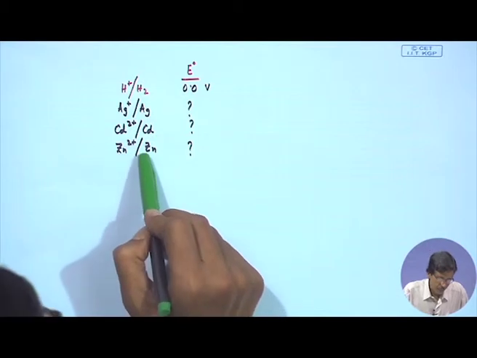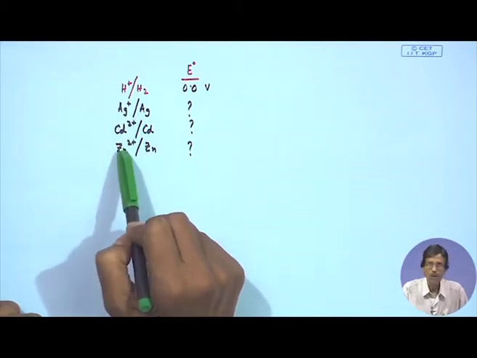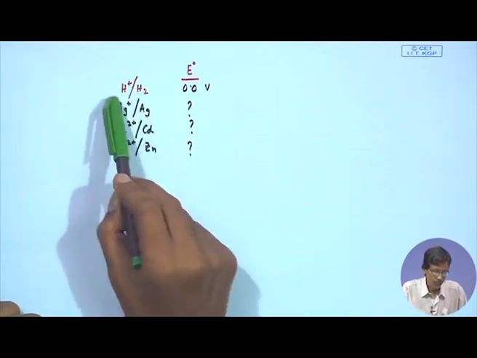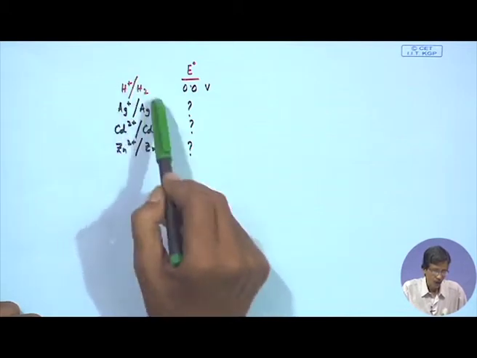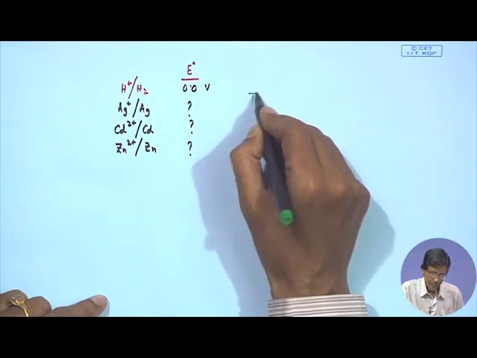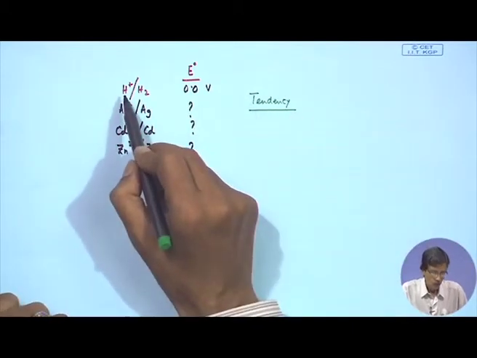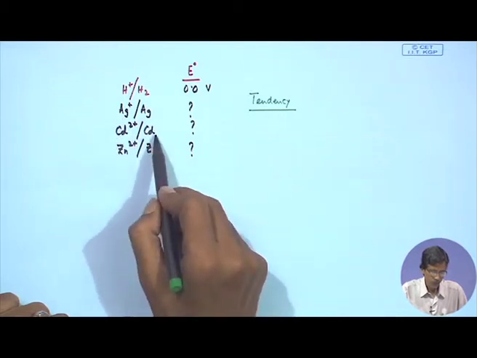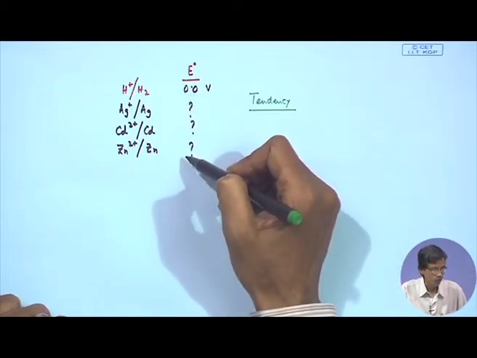So, if we consider these cationic species, which will be accepting electrons, their corresponding reduction potential values, or in the reverse way, the oxidizing capability, that means the tendency for accepting electrons, by going from H plus to H2, Ag plus to Ag, Cd 2 plus to Cd and Zn 2 plus to Zn, will tell us the corresponding potential in terms of E0 values.